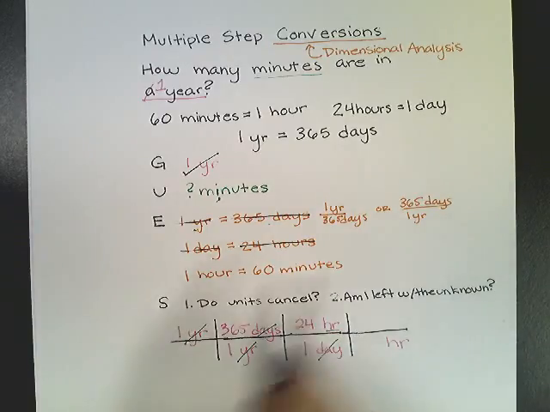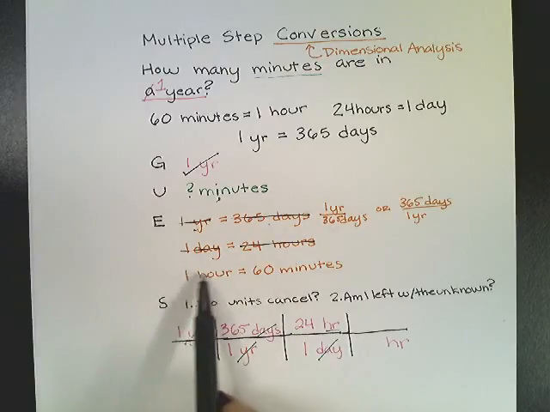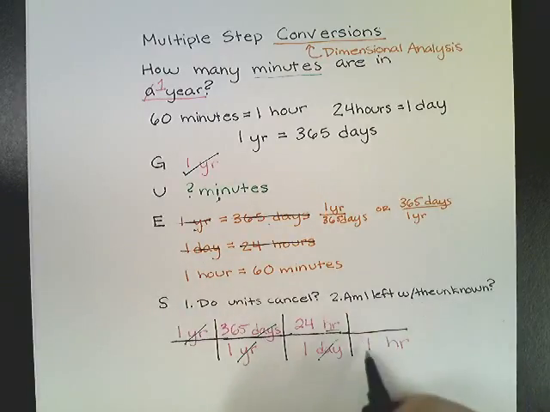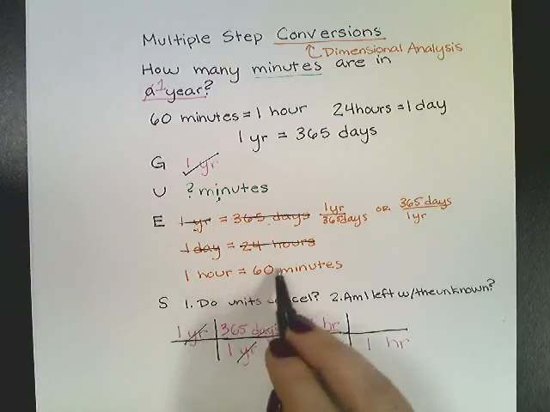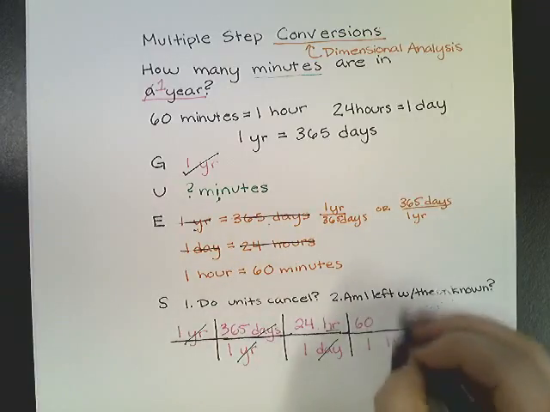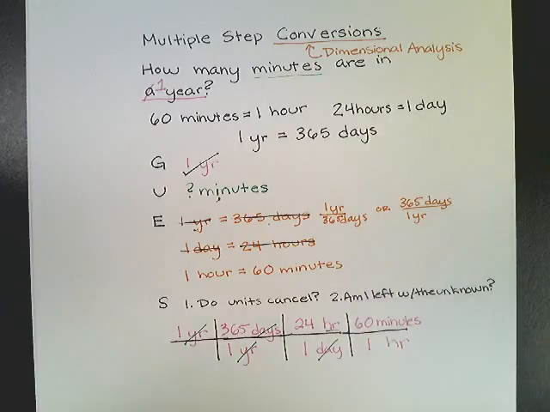I have to go back to my conversion factors. I see that 1 hour, so I'm going to put 1 hour at the bottom, equals 60 minutes. So I put 60 minutes at the top. All right, let's ask ourselves those two questions.